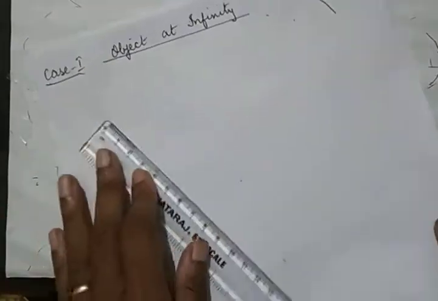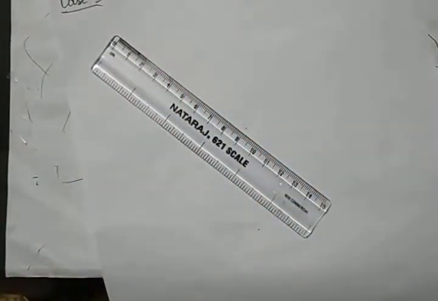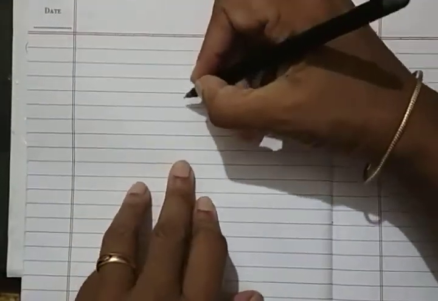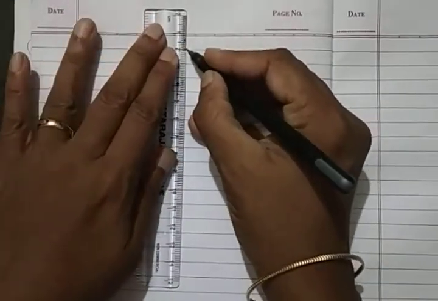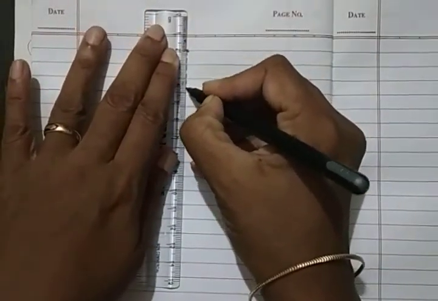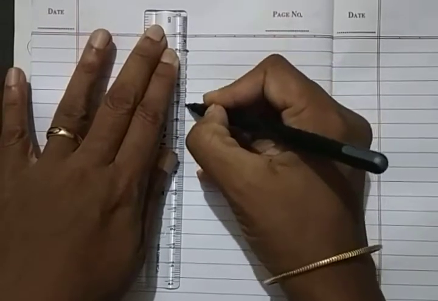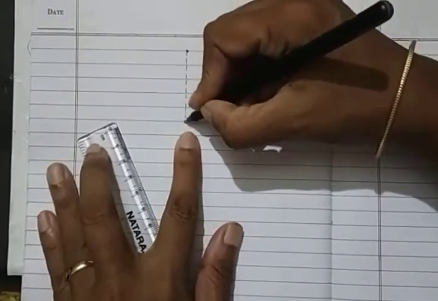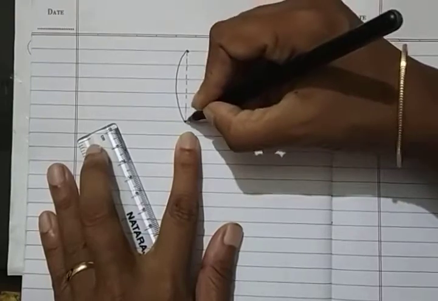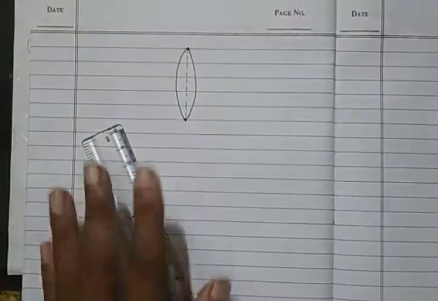So when you draw, I know you'll be drawing in a ruled notebook. I think I better show it in a ruled notebook for you. So what you do, when you draw the lens, 1, 2, 3, 4, 5, and draw 2 thin surfaces like this.